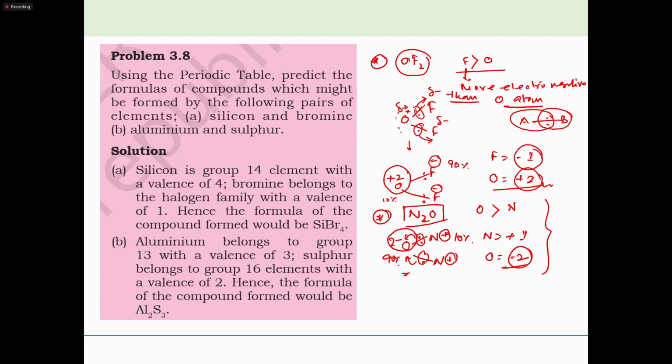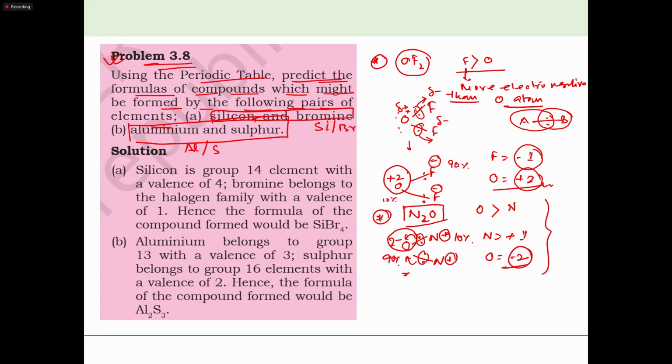Similarly, here I have taken one example. Using the periodic table, predict the formulas of compounds which might be formed by the following pairs of elements: silicon and bromine, and aluminium and sulfur.